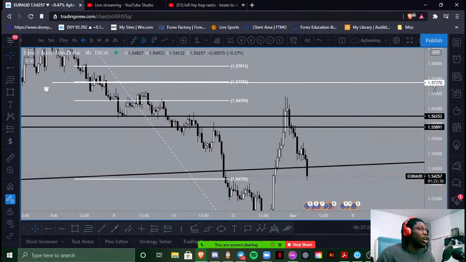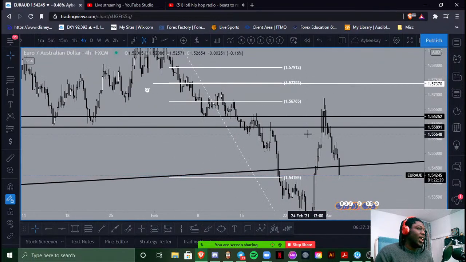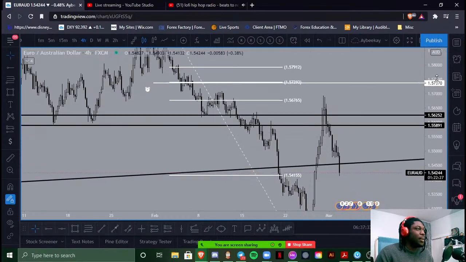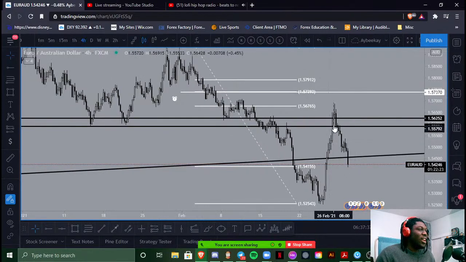Although I only use trend lines just for visual purposes, they still hold and they still do get respected, so I can't deny them as much as I'd want to. And so yeah, once you see that, and price came to the 61.8, didn't even hit my 71%, but it started to drop.